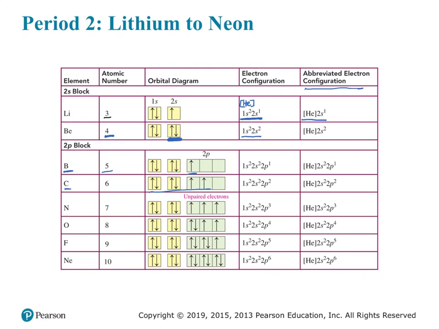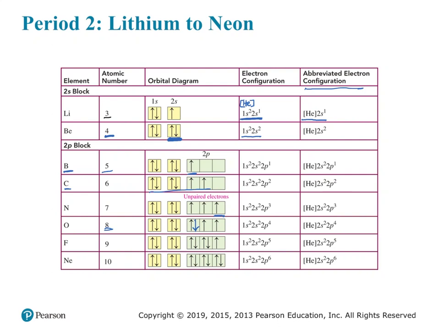And then we just keep going. So we've got nitrogen, we'll fill in that last box. Oxygen, we have 8 electrons, and there's nowhere else for that extra electron to go, so now we have to pair it up with one of the other electrons. And we usually go left to right when we're writing these out.